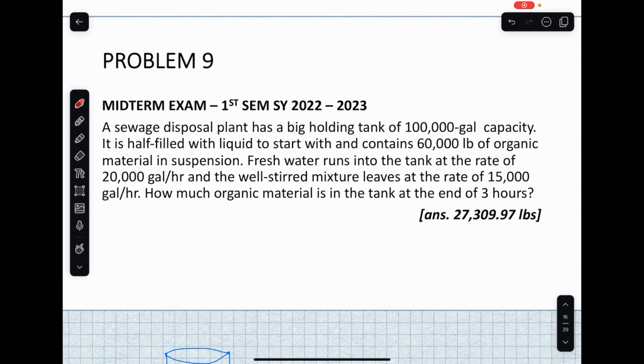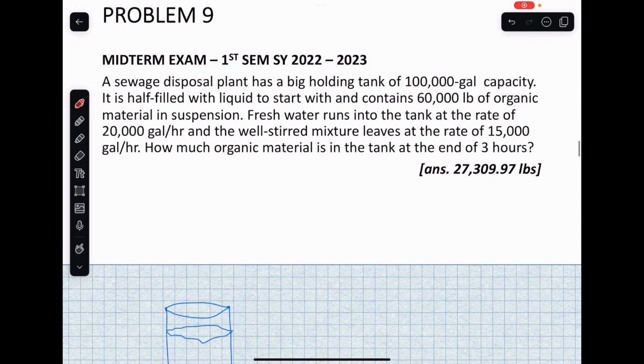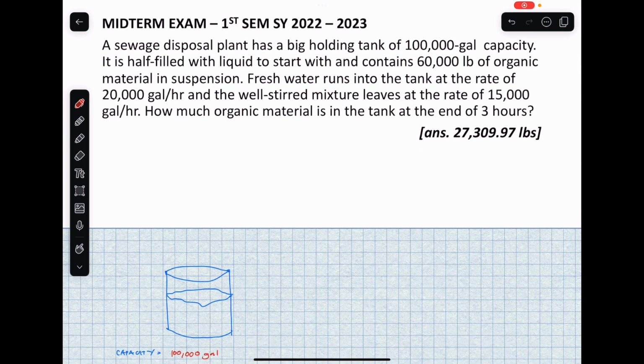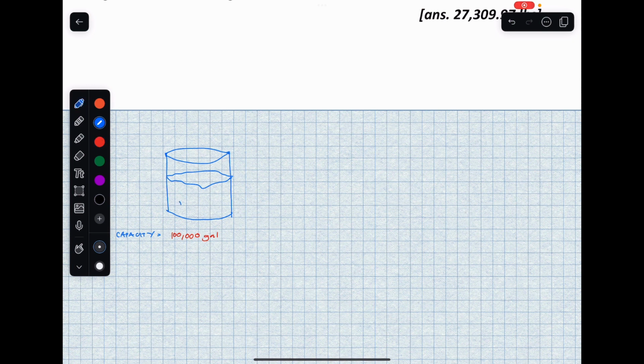But then it is half filled with liquid to start with. If it is half filled, that means there's 50,000 inside the tank. So initially, the liquid inside the tank is 50,000 gallons.